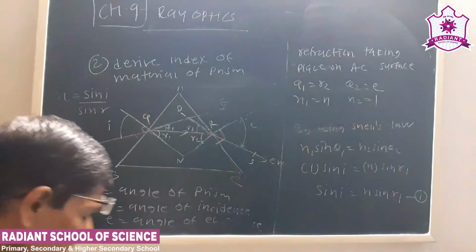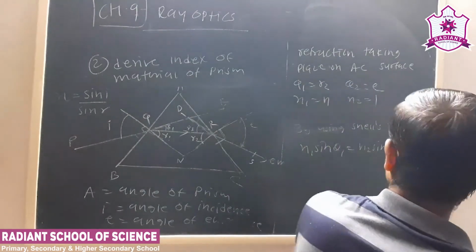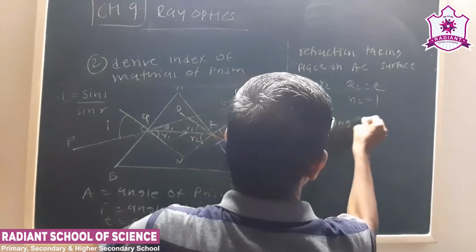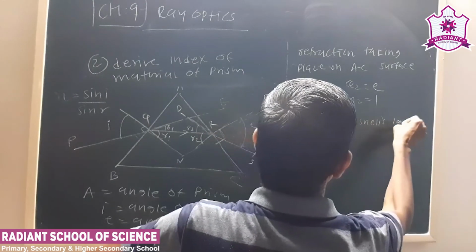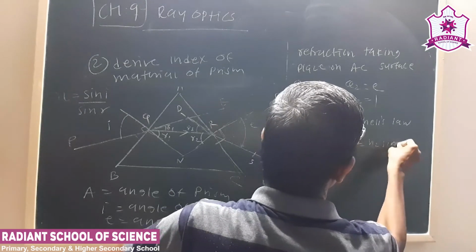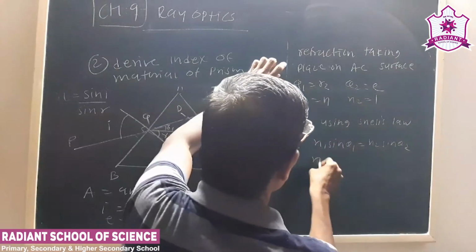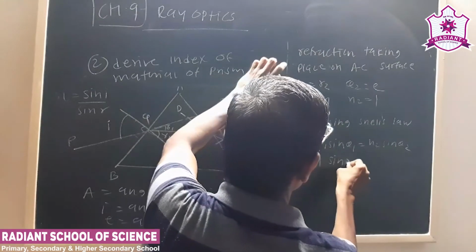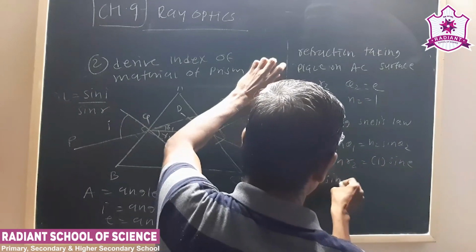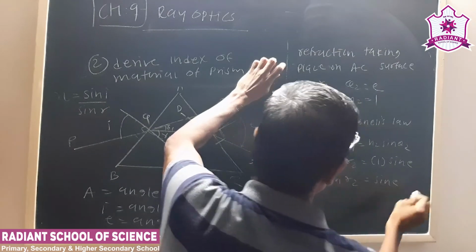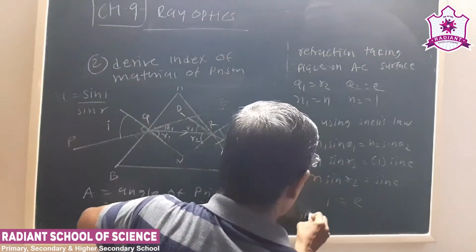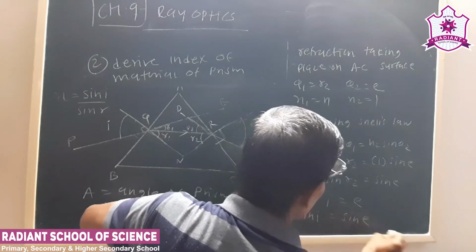Again, by using Snell's law, n1 sin theta 1 is n2 sin theta 2. Here n1 is n, theta 1 is r2, so n sin r2 is 1 sin e. Now what we have used here: i is equal to e, so sin i is equal to sin e.